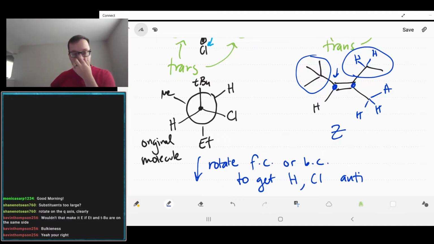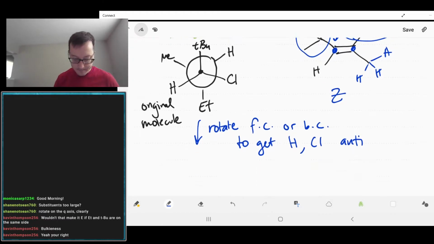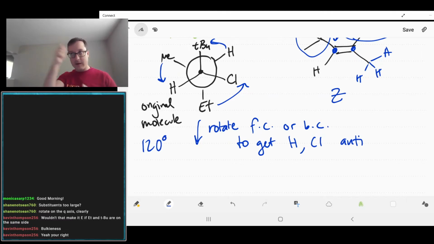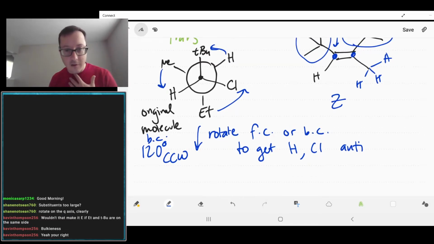And so if we do that, we could rotate either one. Let's rotate the back carbon. If I rotate the back carbon, I'm going to need to rotate it 120 degrees, not 12 degrees. Let's try that again. 120 degrees, what is this way? Counterclockwise. Back carbon. You all thought all this rotation stuff was meaningless, huh?